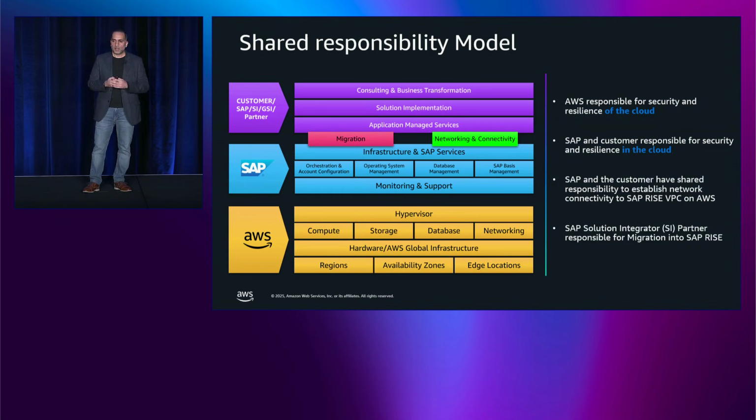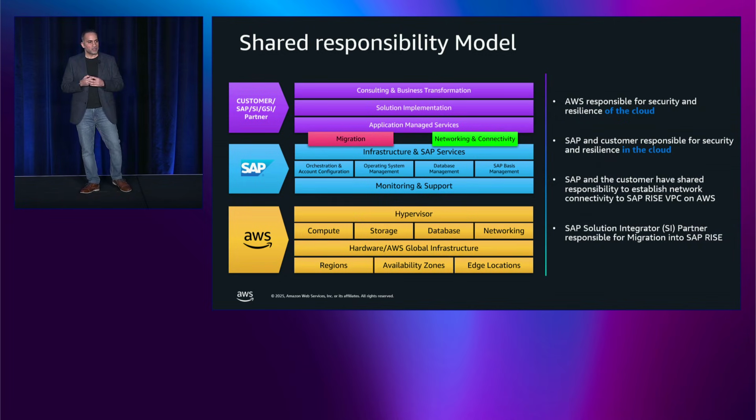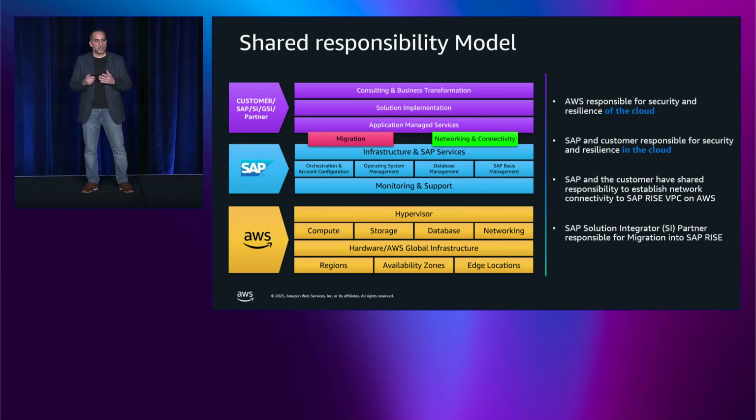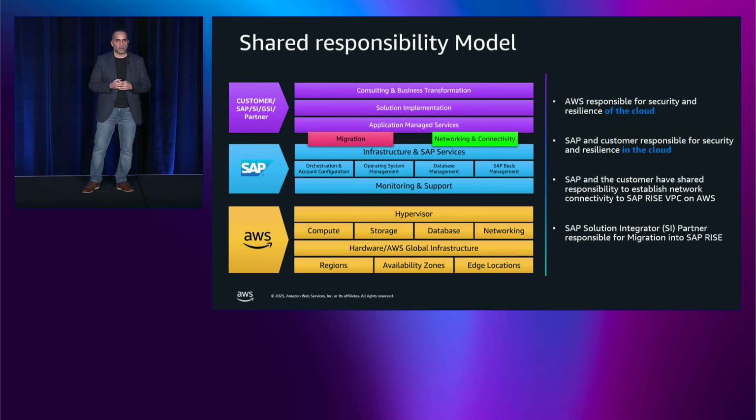SAP and the customer are responsible for resilience and security in the cloud. That includes identity access and configuration management, data, and any functional support. SAP Rise SI partners are responsible for migration of SAP applications into the Rise environment.